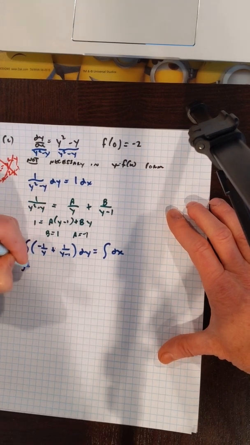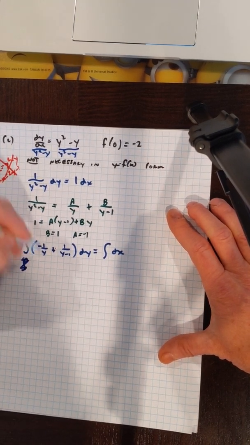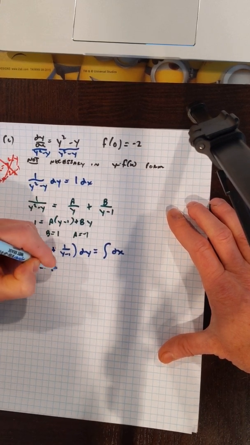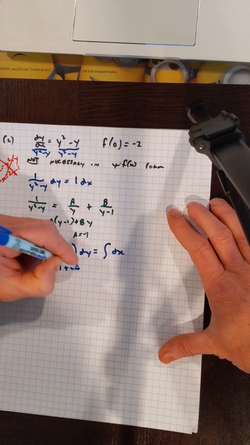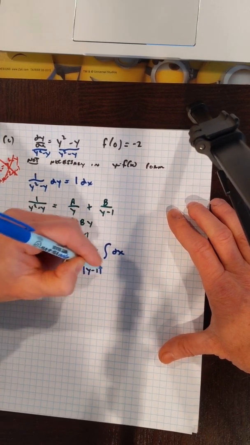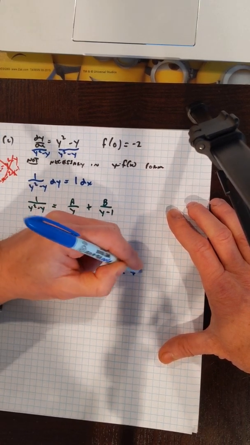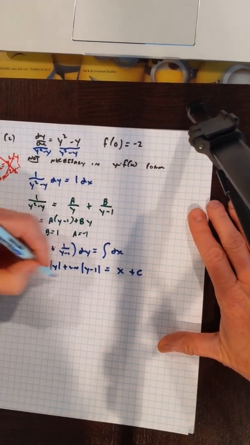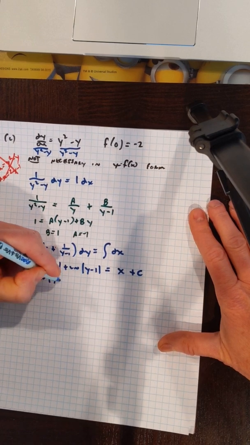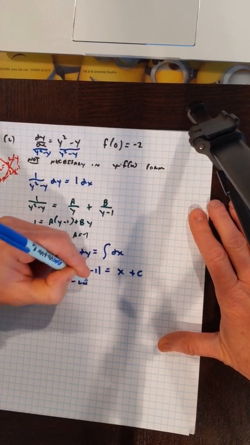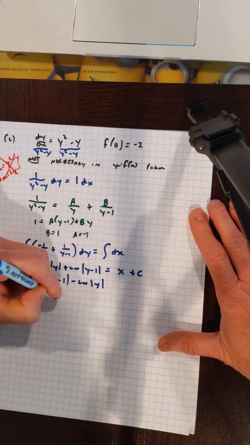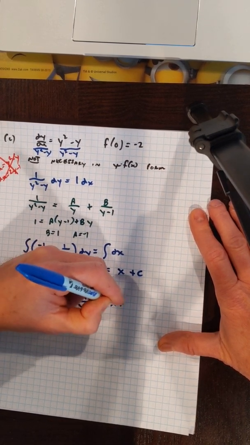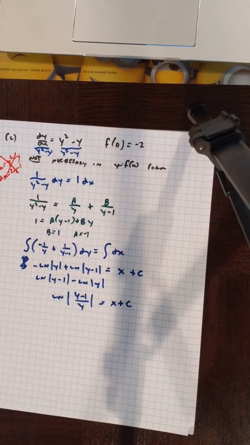Okay, if I integrate this, of course this is a whole other point, negative ln absolute value of y plus ln absolute value of y minus 1 equals x plus c. Subtraction, I probably would rewrite this because I'm going to change subtraction of logs into division. Okay, and that's a good form to be in.